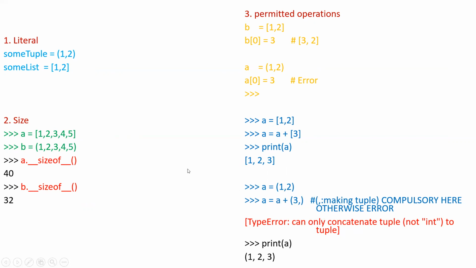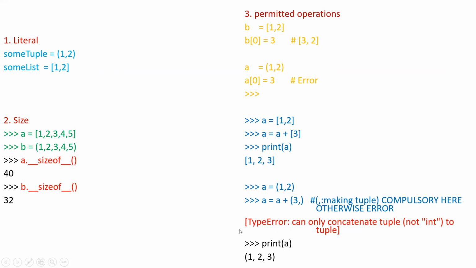So once again, why is it necessary to give the comma in the tuple? Without a comma, what is the problem? Without comma, the system will treat it as adding the integer 3 onto the tuple. So this is the mismatch, and you can't perform it. But using the comma after 3, the system understands that now it is the tuple, so you can perform tuple to tuple operation.